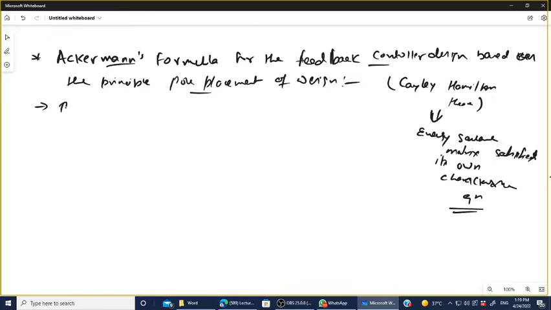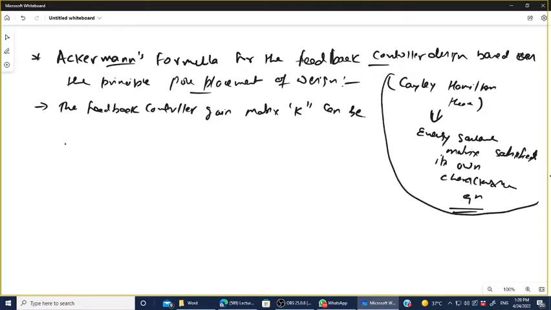The feedback controller gain matrix K can be computed or obtained directly using the Ackermann formula.